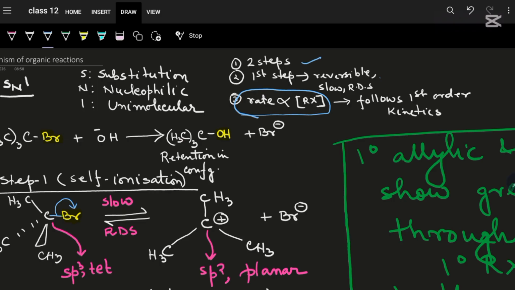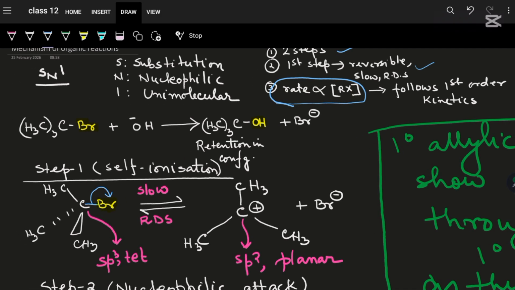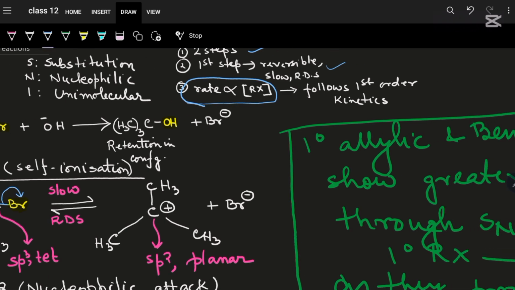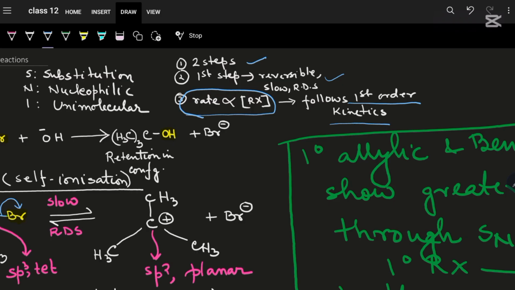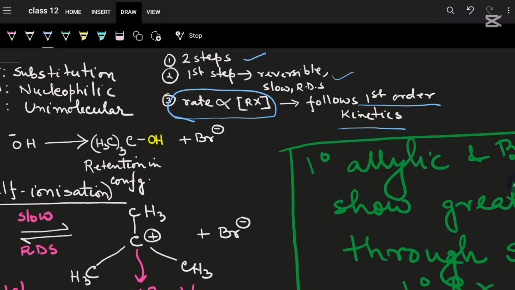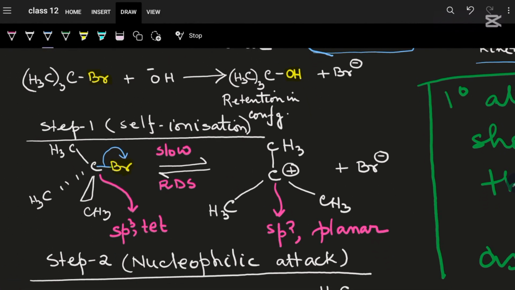The first step is the slow RDS and is the reversible step where self-ionization takes place. And this is said to follow first order kinetics. That is, the rate of the reaction is proportional to the molar concentration of substrate RX.